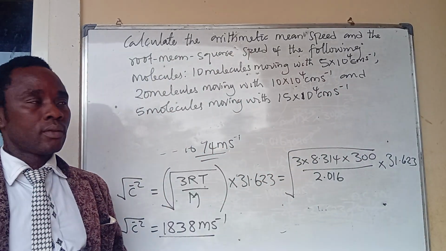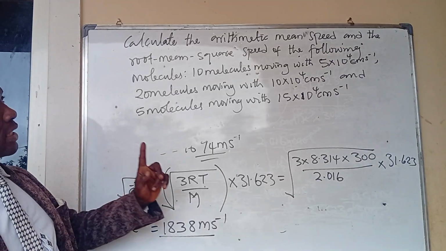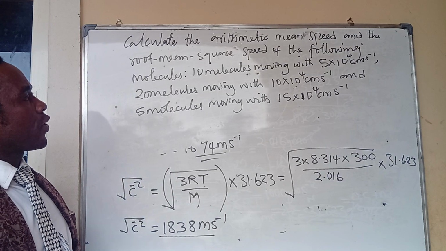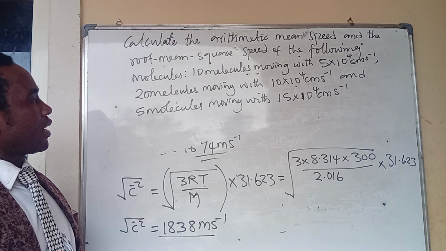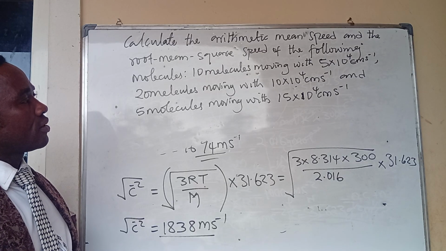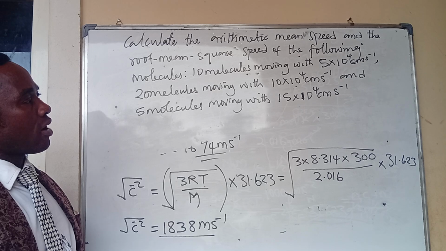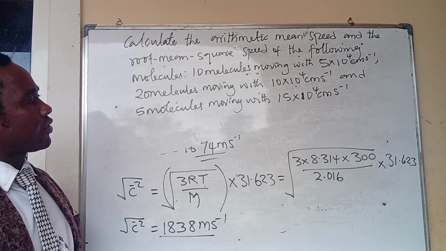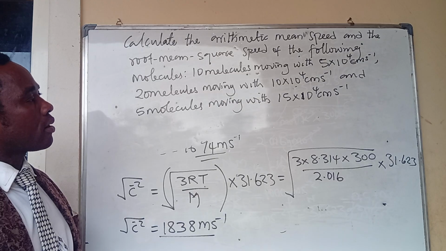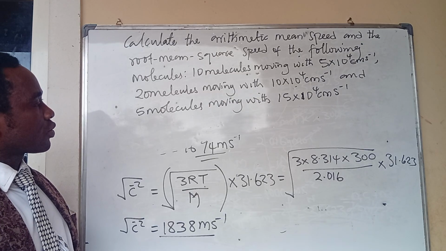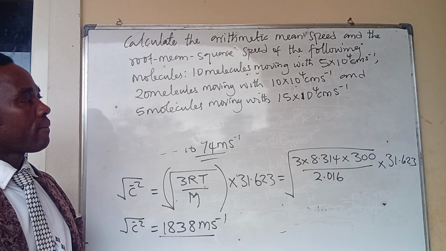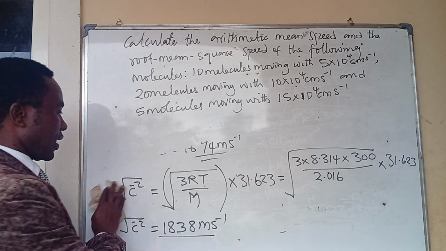So that is it. We want to calculate the arithmetic mean speed and the root mean square speed of the following molecules. 10 molecules moving with a speed of 5 times 10 raised to the power 4 centimeter per second, 20 molecules moving with speed of 10 times 10 raised to the power 4 centimeter per second, and 5 molecules moving with speed of 15 times 10 raised to the power 4 centimeter per second.